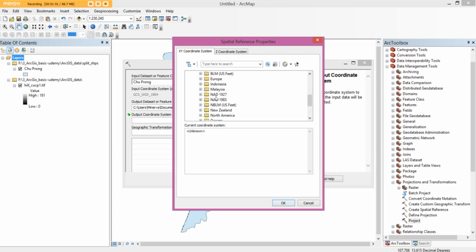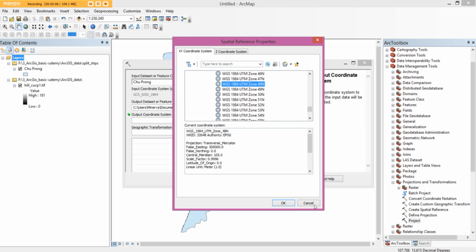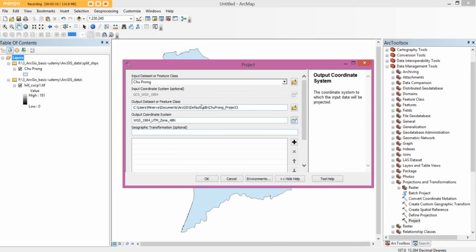So you have NAD 1983, Malaysia, Indonesia. That doesn't interest us. What I want is WGS 84, and since it's Vietnam, we are in the northern hemisphere, 48N, and I will carry out the transformation, and I don't need to provide anything else.